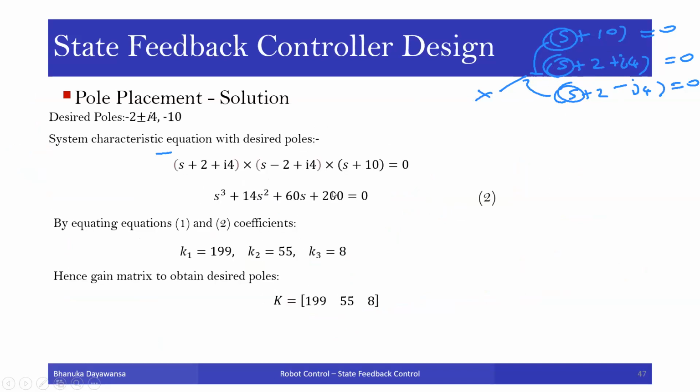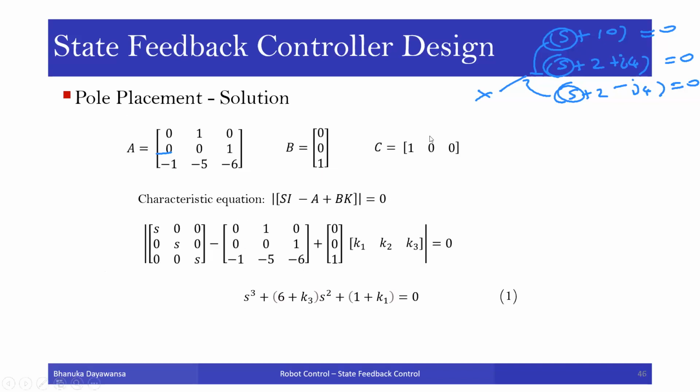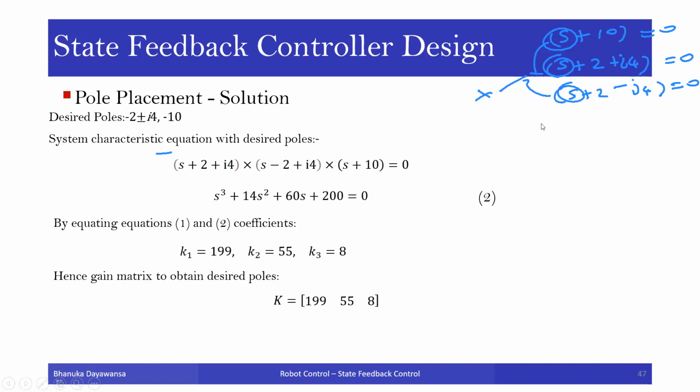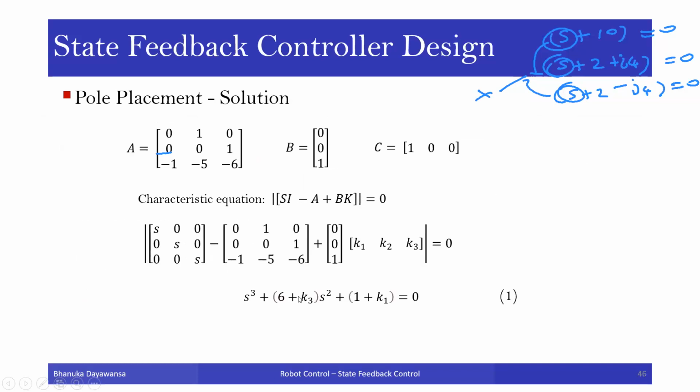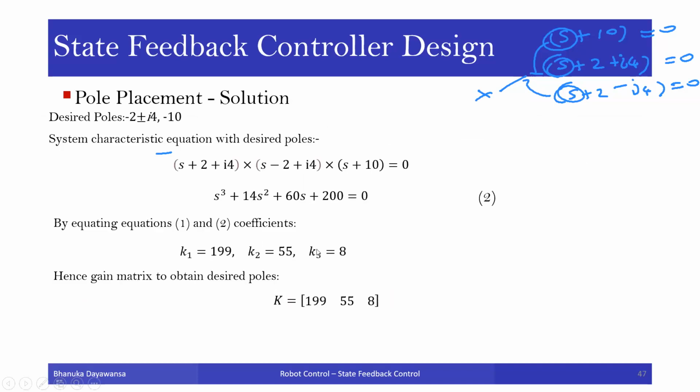So how do you make the current system equation into the desired system? You basically give these values, right? You obtain these values, but the desired values that you got here, you give it to this, right? How do you give it? Just compare the coefficients.